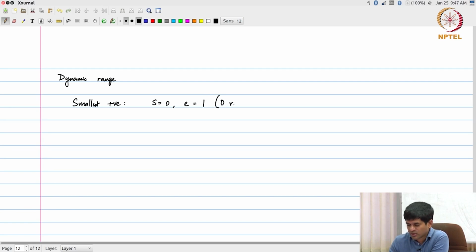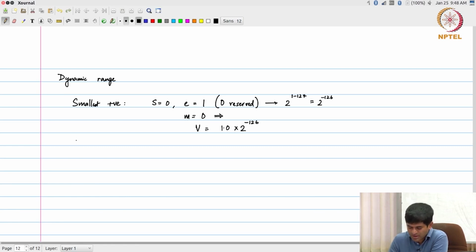I am going to say 0 is reserved for another purpose, so I am not going to allow 0. If I do not allow 0, the smallest exponent I can have is 1, which basically corresponds to 2 power 1 minus 127, equal to 2 power minus 126, and this also corresponds to an m equal to 0, which means the actual value is 1.0 into 2 power minus 126.